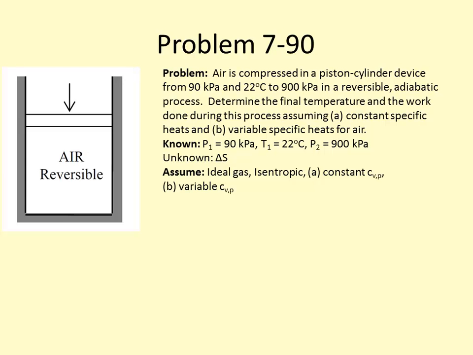Now we can use our pressure ratio relationship. So PR2 over PR1 is equal to P2 over P1. So PR2 is equal to PR1 times P2 over P1. So that's 1.3068 times this pressure ratio, 900 divided by 90 kilopascals. We find 13.068.